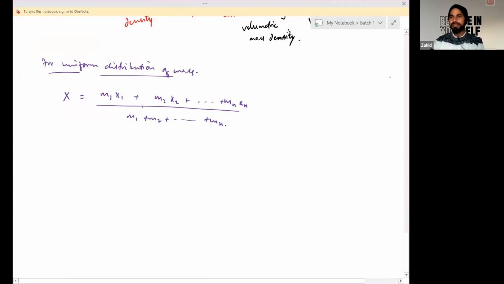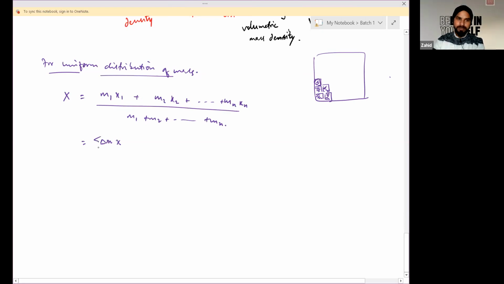Since it was a discrete particle system in which m1, m2, mn were individually defined, but now if there is a particle in which mass is continuously distributed over its length, volume, area, and so on, we define m1 to be delta m, and its position will be defined by x.